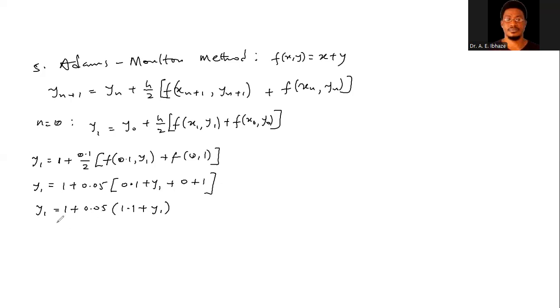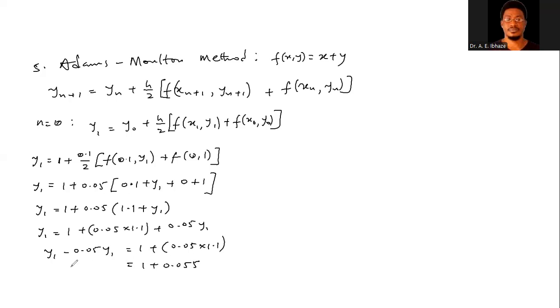So we can actually open up this bracket. So this y1 being the same as 1 plus 0.05 times 1.1 plus 0.05 y1, right? And then it should be y1 minus 0.05 y1 being the same as 1 plus 0.05 times 1.1. So this is going to be 1 plus 0.055, being the same as 0.95 y1.